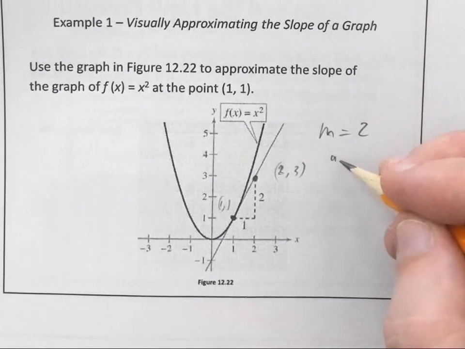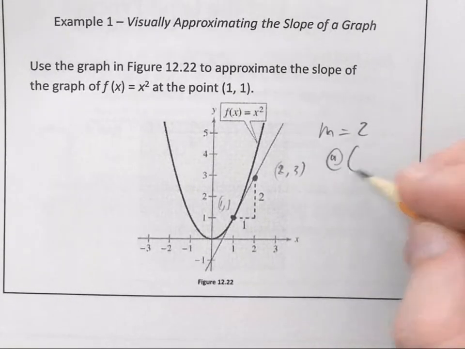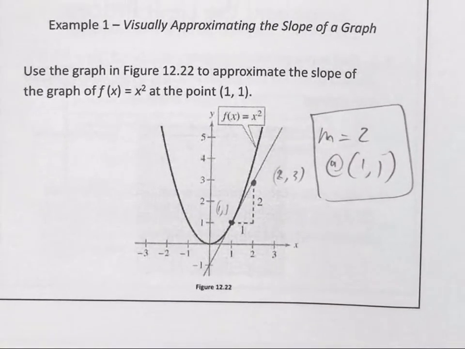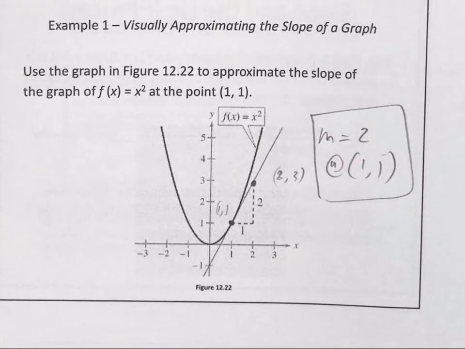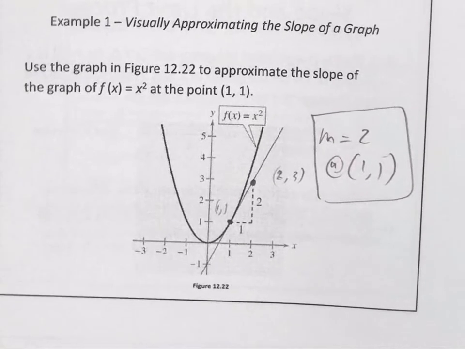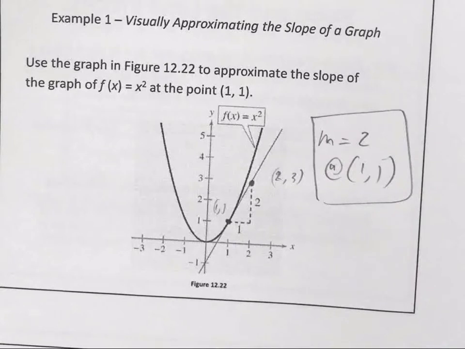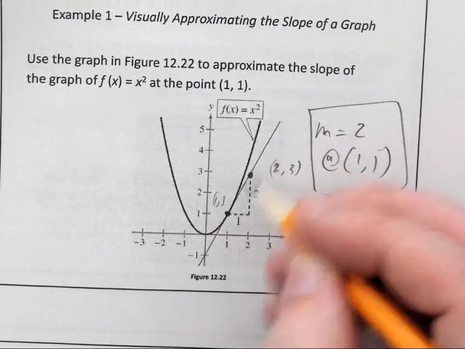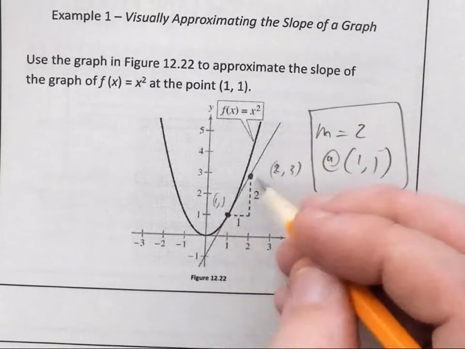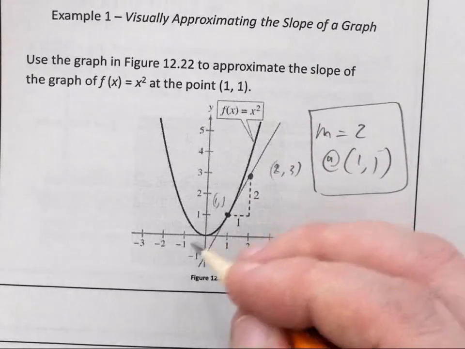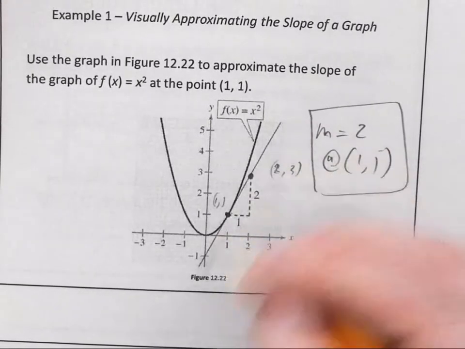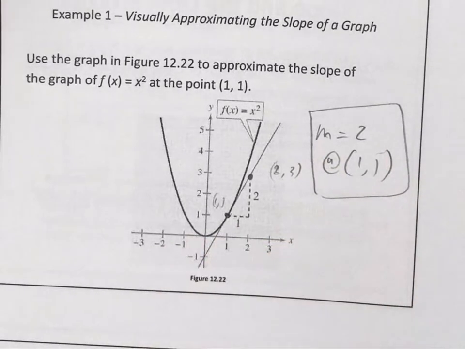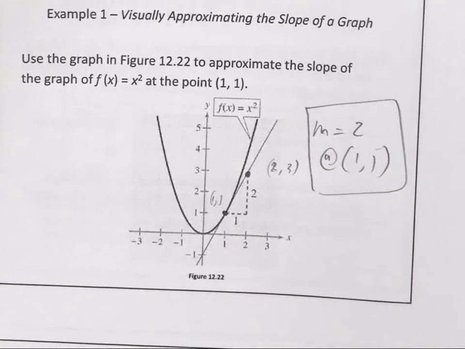And you'd say at the point, what? 1, 1. So that's the approximate slope of the graph, f of x, at that point. Does that make sense? If I find the slope, because it intersects here one time, and this line is tangent, which it appears to be, if it touches only there and never again, then the slope of this line should be the same as the slope of the curve at that exact point. Okay, that's why we're using the tangent line.